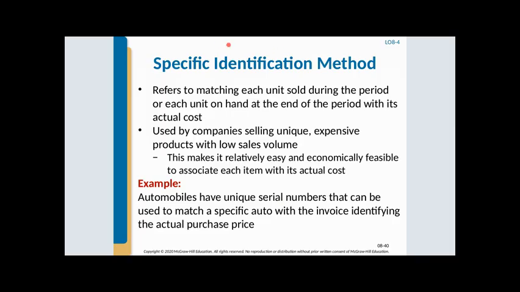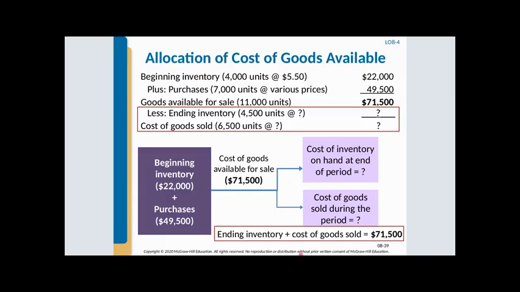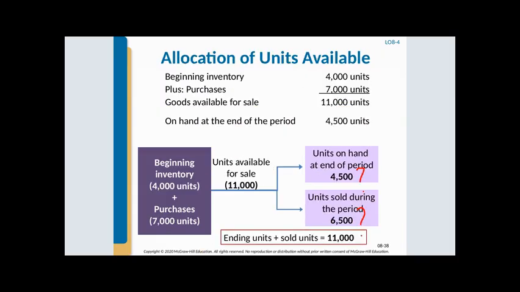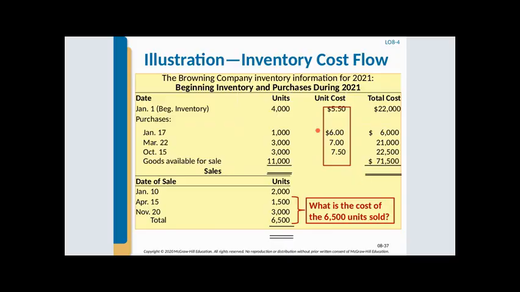In looking at the cost flow assumptions, we have basically four. One of those is the specific identification method. This is probably the easiest one to use because where the units come from will be pretty much told to us. They're going to say, oh, we sold that t-shirt from the $6 stack.